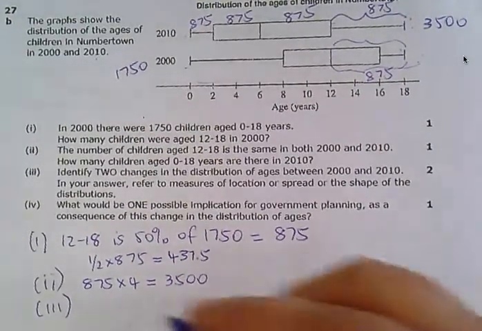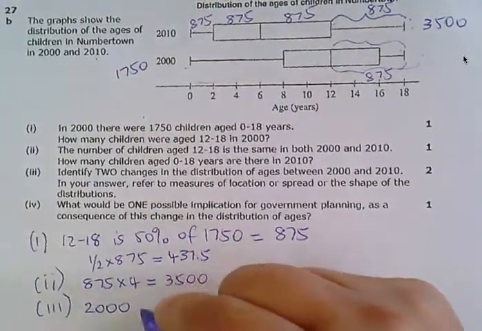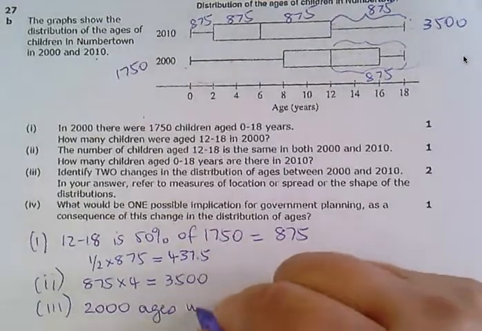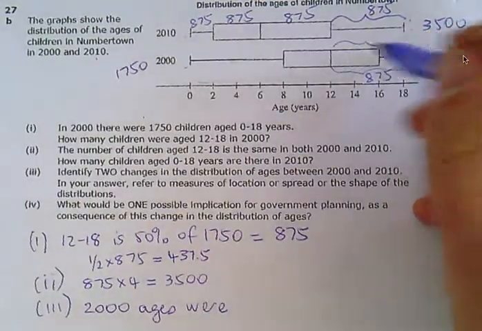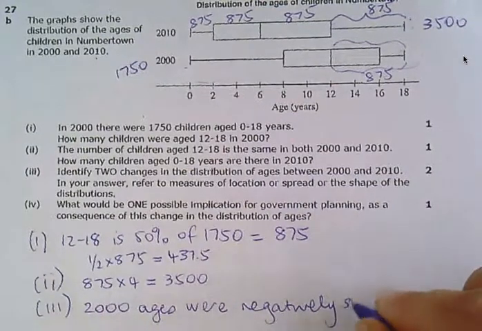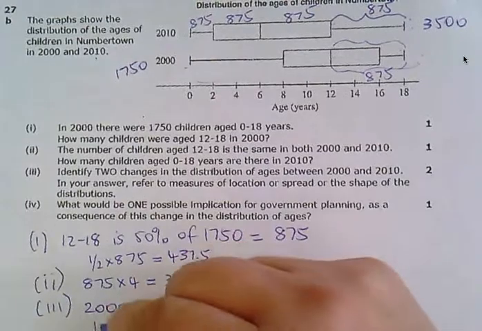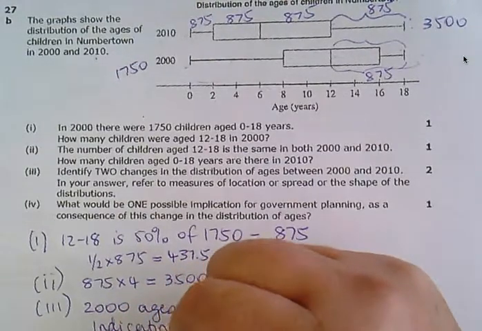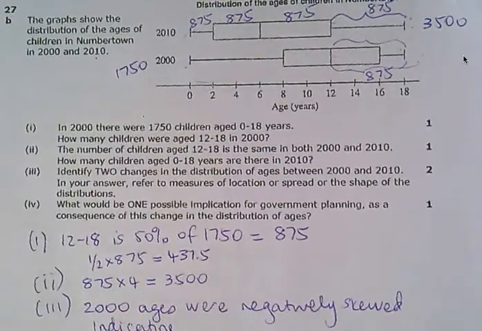Well, let's talk about skewness. 2000, the ages were what? Positively or negatively skewed? Yeah, definitely. Negatively skewed, indicating students were more towards the upper end. But the students were generally older, towards the upper end of 0 to 18.